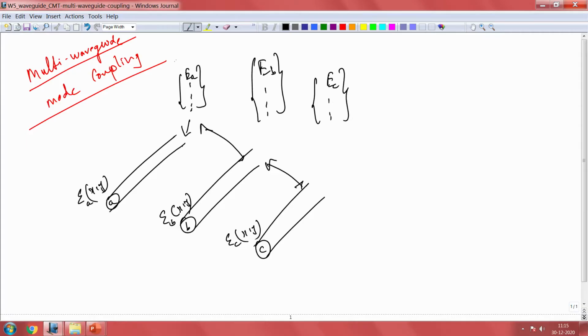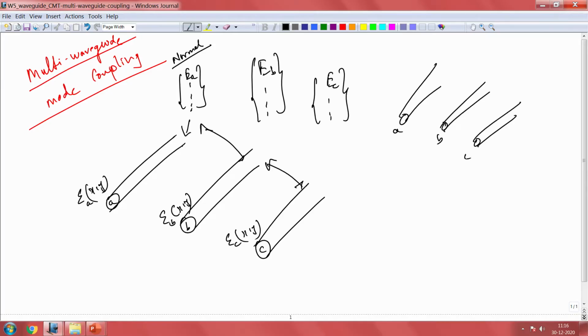So, these are all normal solutions for each of these waveguides. But the field in the entire structure is a combination of all of this, A, B, C.